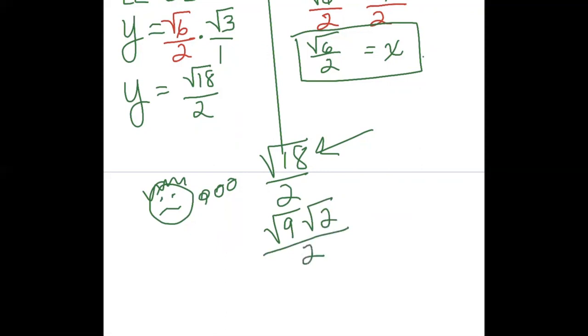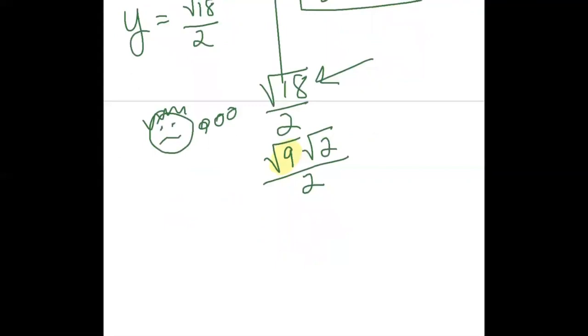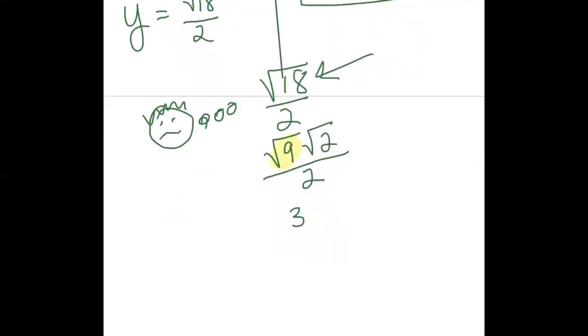So all I did is break down this 18. Let me just highlight that. I'm breaking down this 18 to this. And now I can simplify that radical. Right here, the square root of 9 is 3. So now my fraction is simply and completely simplified.